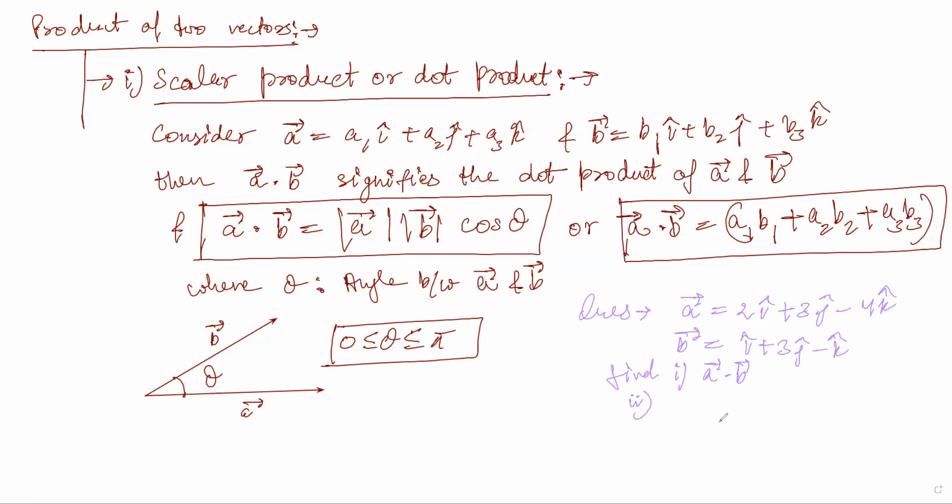What is the value of A dot B? A is given, B is given. 15. What's the angle between them? No, the angle is not given.